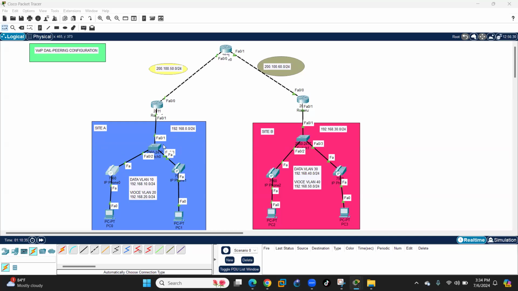Maybe this one is in VI and this one is on the ground floor, but they are connected to the internet. No, you can't use this one. This is a local area network. Except you are going to waste your resources using different routers to route them. Since you are in the same building, you just have to configure it this way. You don't need to do any routing again. Routing is mostly required when you are going to another location.